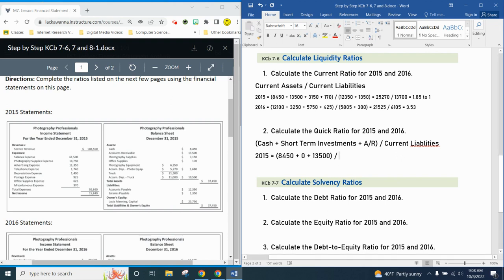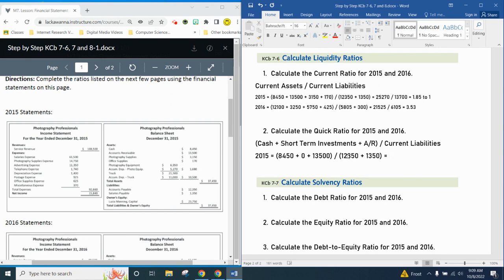Divide that by our current liabilities, which we actually calculated in the problem up here. We calculated our current liabilities at 12,350 plus 1350, which came out to 13,700. I'm going to type them out anyway, just so that you can keep track of where the numbers come from. 12,350 is my accounts payable amount, and 1350 is my salaries payable amount.